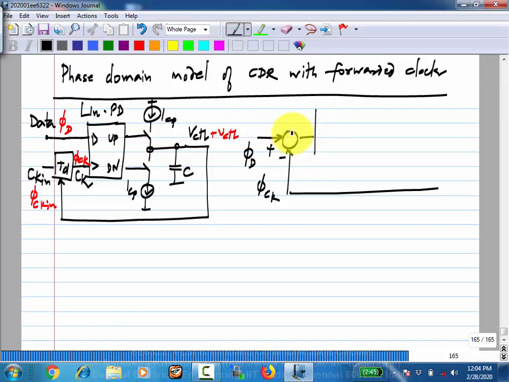this. We have some phase detector gain, which is transition density factor times ICP by 2 pi.